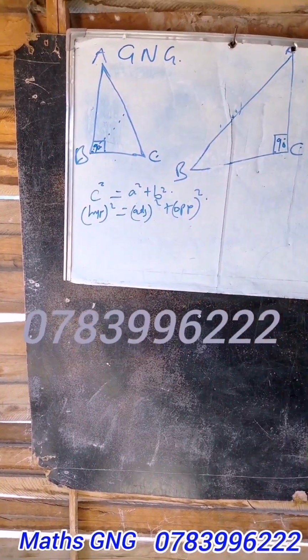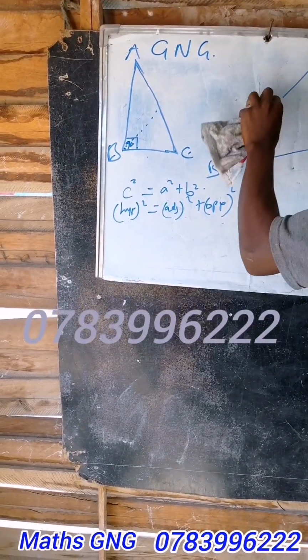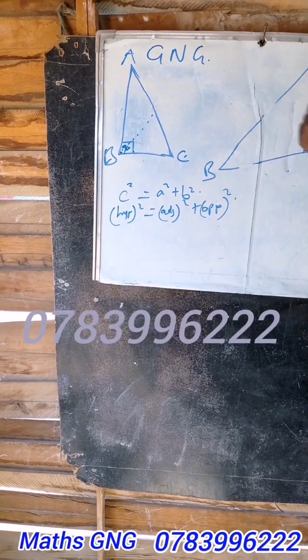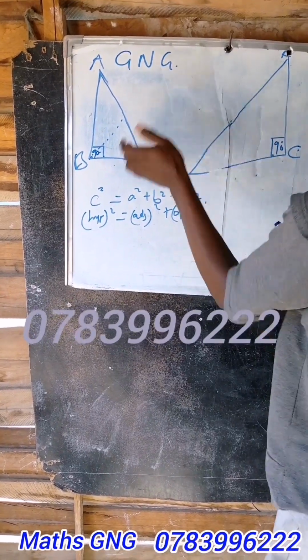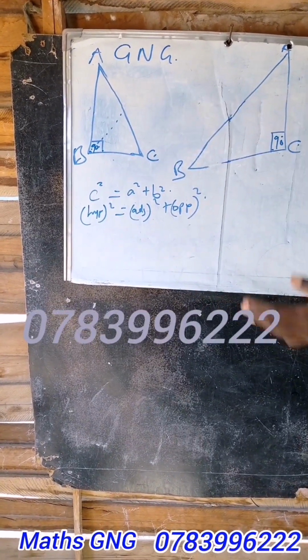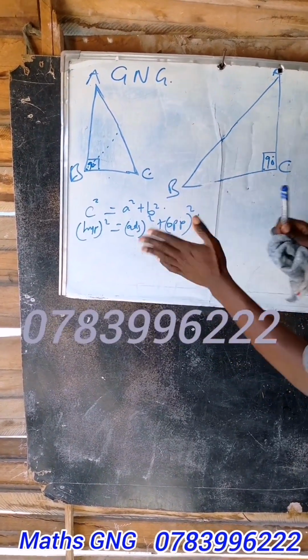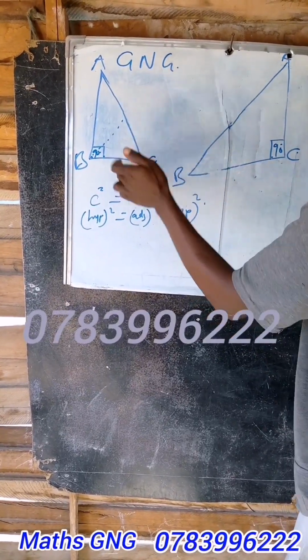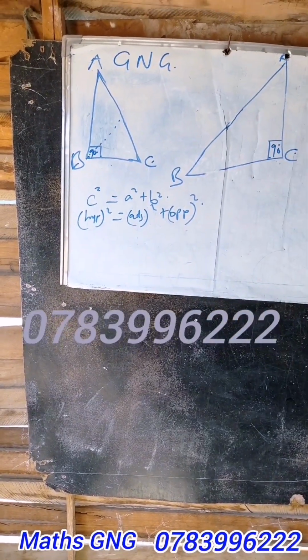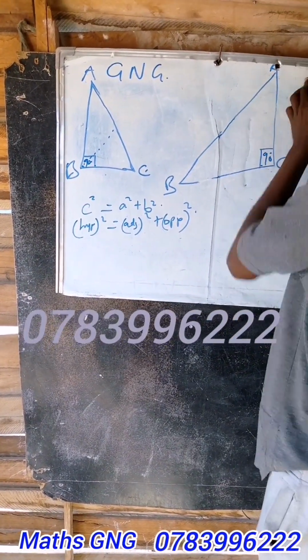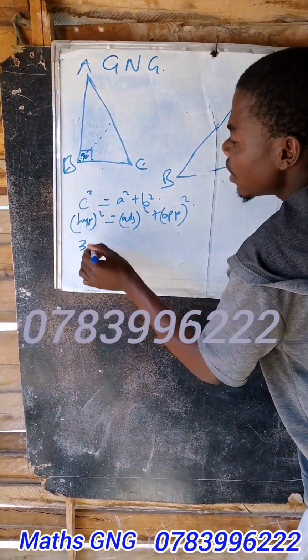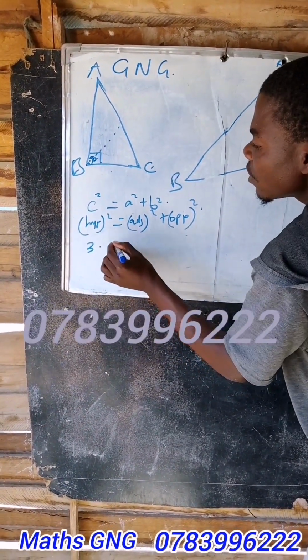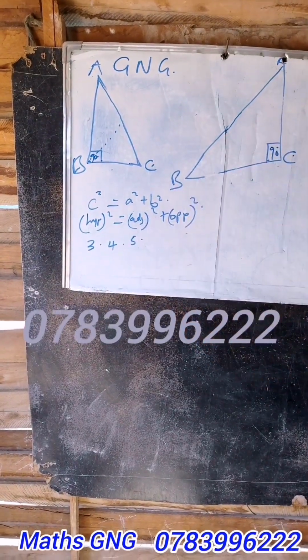You know, there is this trick secret. Remember guys, Pythagoras is only used to find sides. So it's obvious you will be missing one side, given two sides. Usually the numbers they bring are 3, 4, 5.